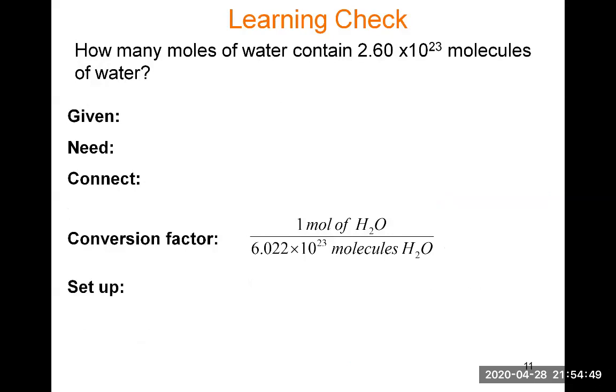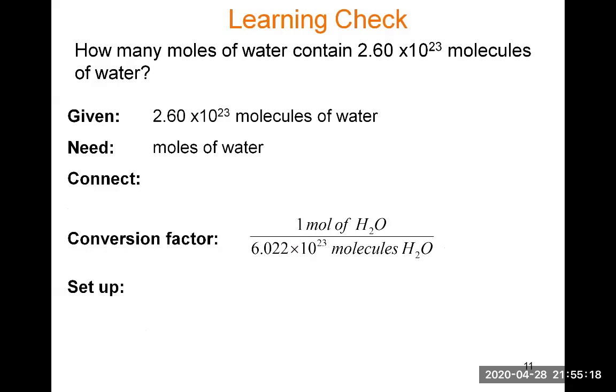Another problem. Here it's asking how many moles of water contain 2.60 times 10 to the 23rd molecules of water. So the given here is the number of molecules of water, 2.60 times 10 to the 23rd molecules of water. The question is asking for moles of water.